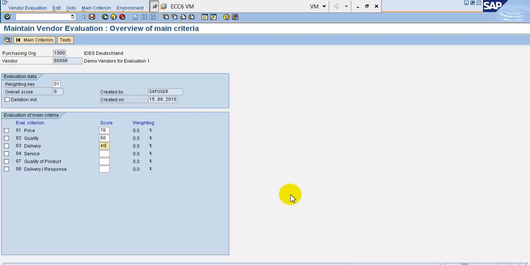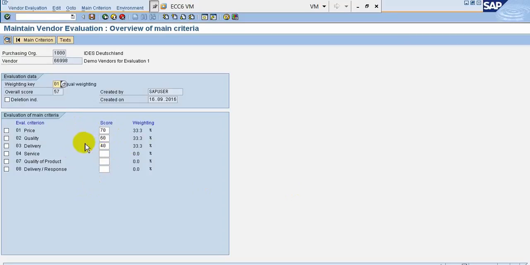Now, if I enter the weightage factors, you see how it takes them.